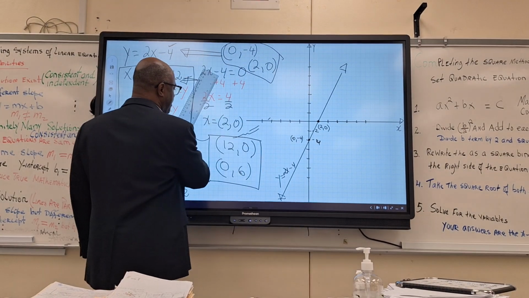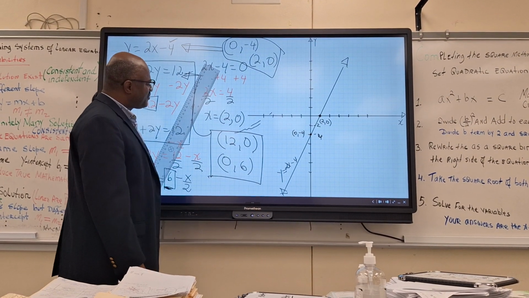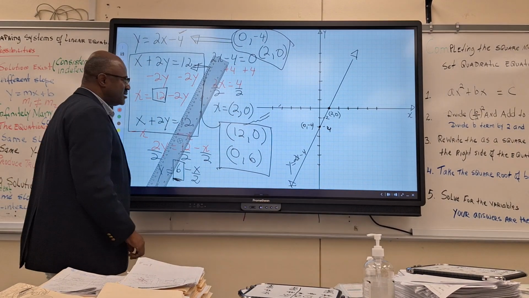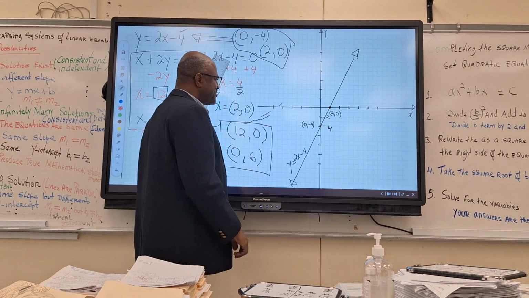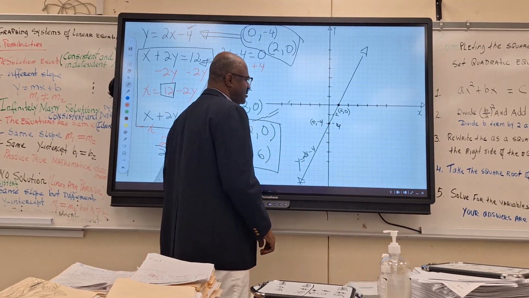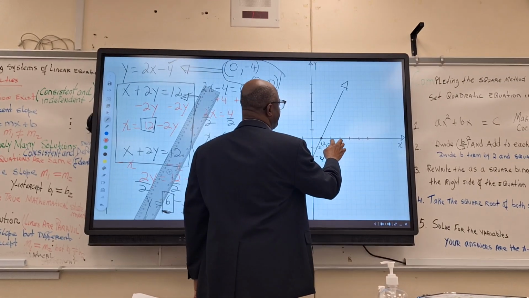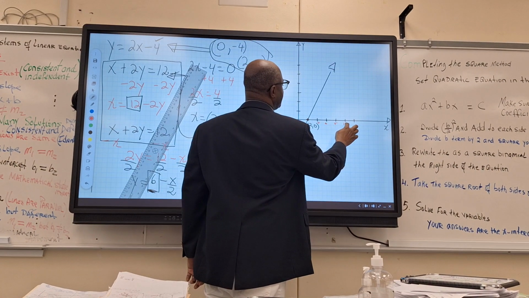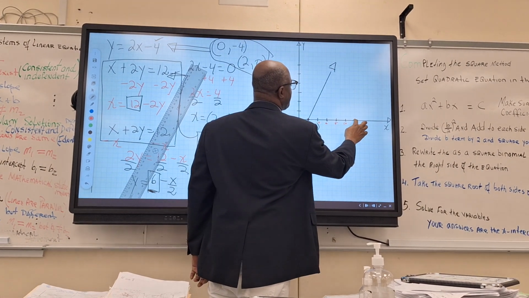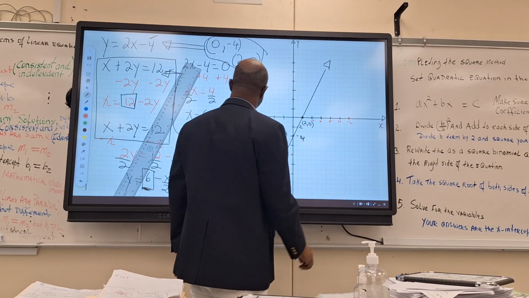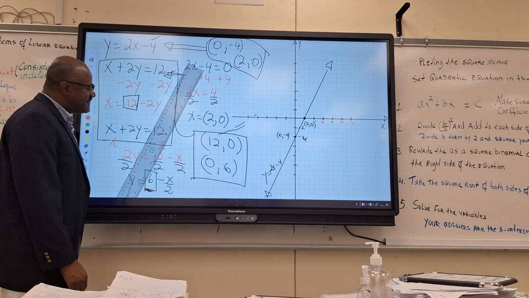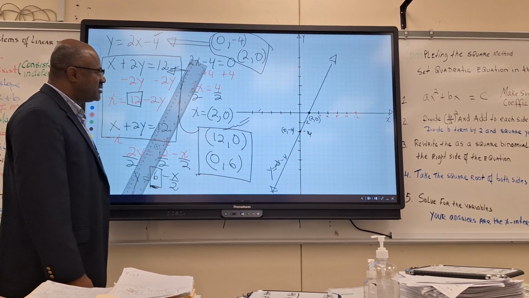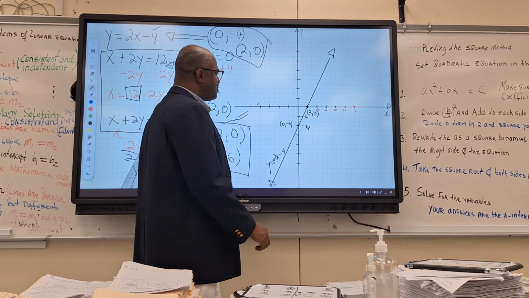Then for the other one, I have 12, 0. Where is 12, 0 located? How many units do I need to go to the right? 12 units. That will be 4, 6, 8, 10, and that will be 12, 0 here. And the other point is what? 0, 6. Where will I find 0, 6? Go up 6 units.